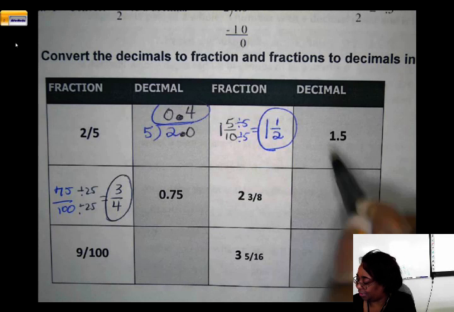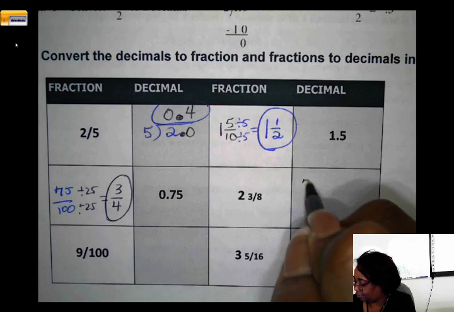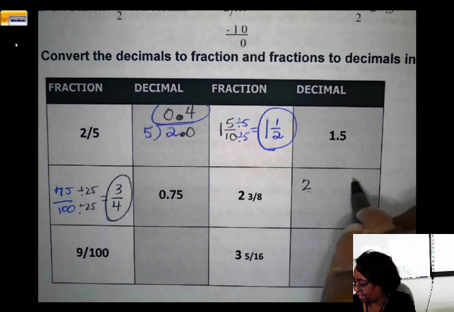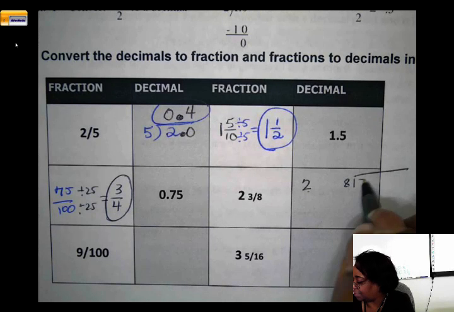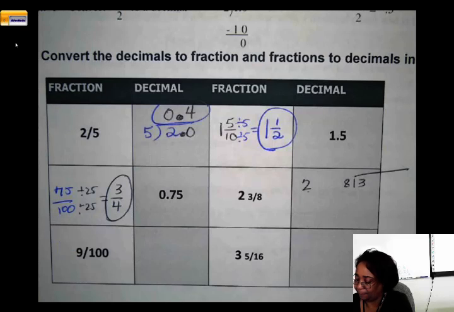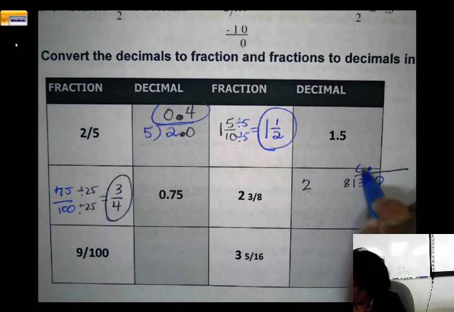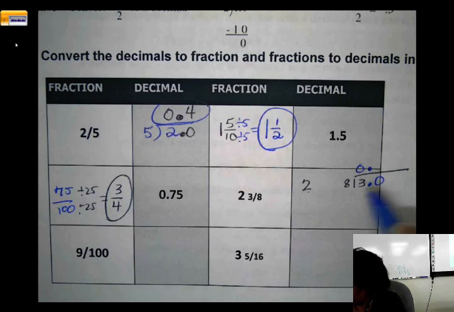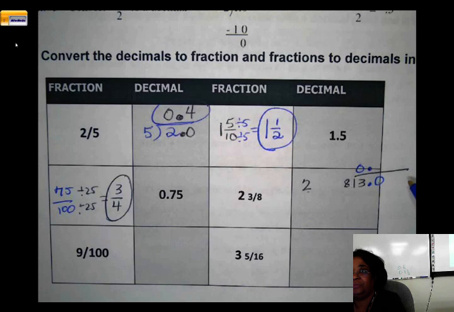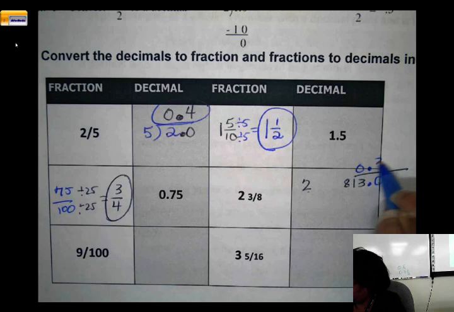Now on this other one here, I have to take 2, but this 8 has to go into the 3. I need to find out what decimal that's going to be. Bring my decimal up. 8 cannot go into 3, but 8 goes into 30 how many times? I can't do 4, I have to do 3, right? 4 is too big. 3 will give me 24 with a 6 left over.